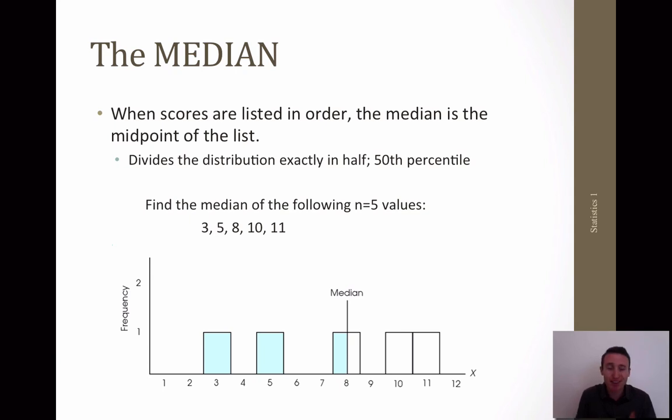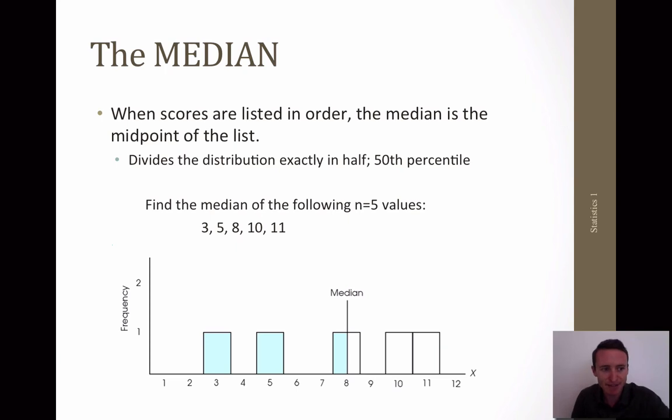For example, if you had 6 scores, there would not be a direct middle value. Simply put, you take the 2 middle values and calculate the average of those 2. Add them together, divide by 2, and that is your median.